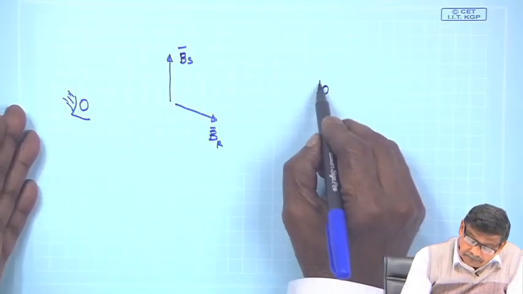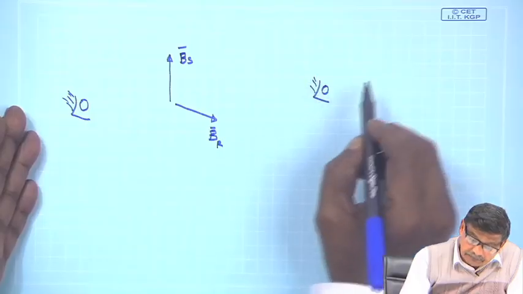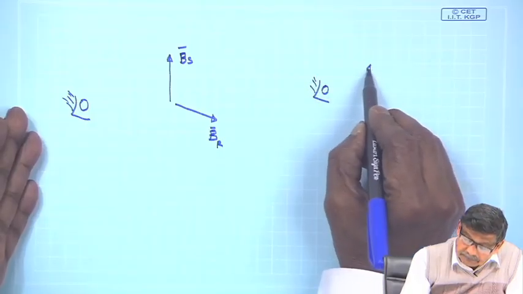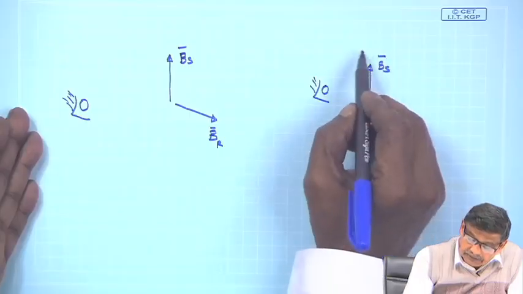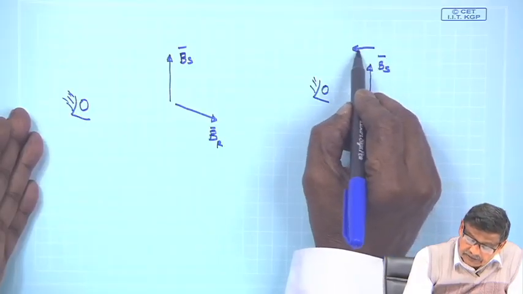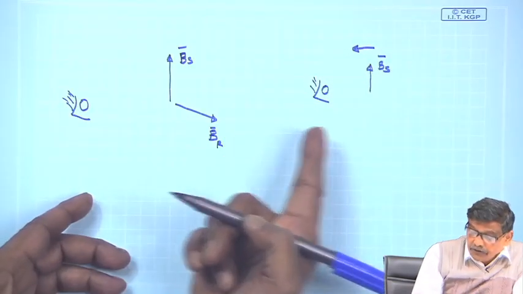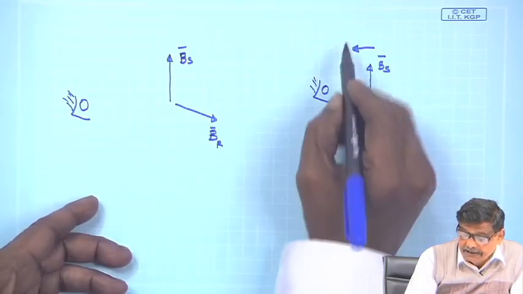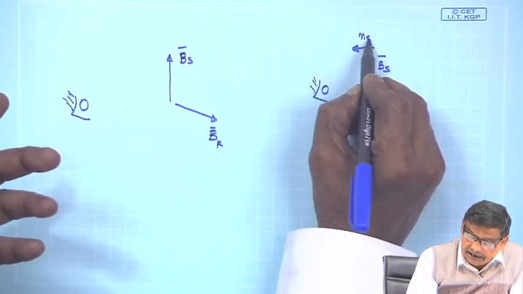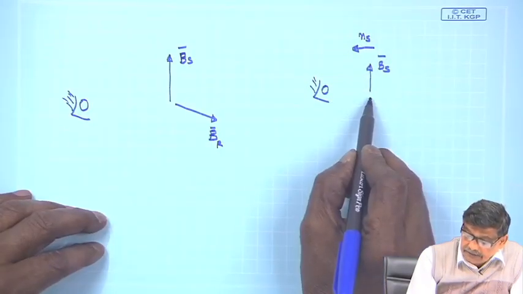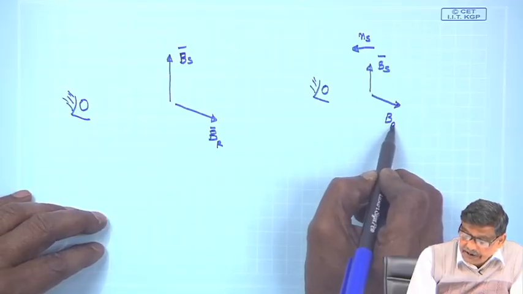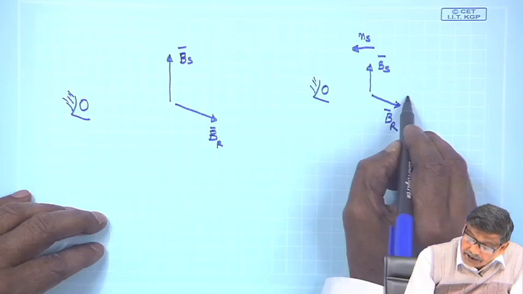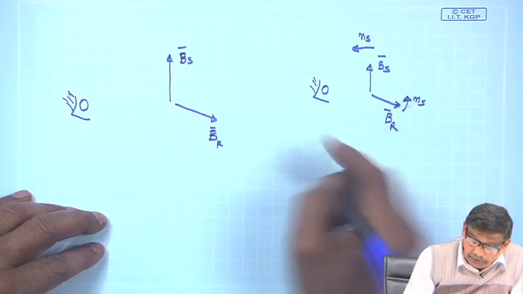If you find the stationary observer concluding that with respect to him B s is moving with some speed n s r p s, he will say that B r is also moving with the same speed with respect to him.